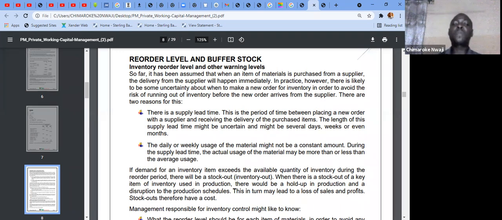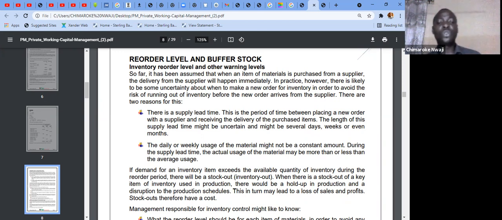Now, if your supply lead time is less than 4 days, it means if you place an order, it will come in less than 4 days. So it means that you will not run out of stock. But let's say it's going to come in on the 5th day. You would have run out of stock before your inventory comes.